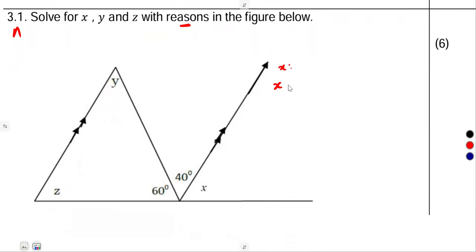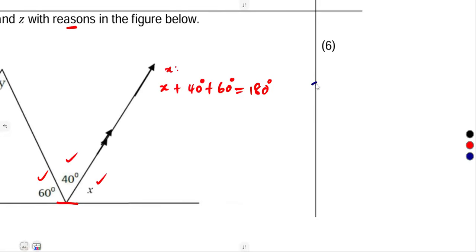If we add x plus 40 degrees, all right, so it's x plus 40 degrees plus 60 degrees, this must give us 180 degrees, angles on a straight line. All right, so that's a direct question here. Okay, so that's it. X, considering your like terms, add these two, 40 plus 60, that's 100, which is equal to 180.